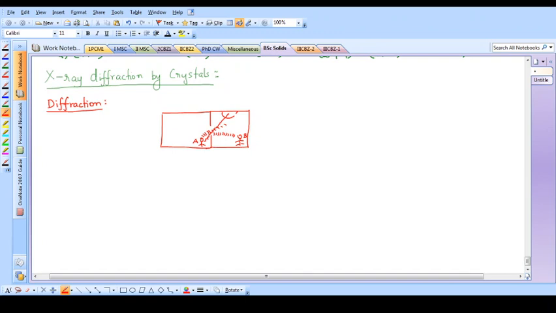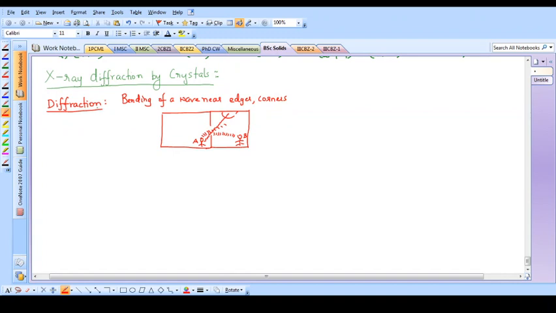So this phenomenon of bending of a wave near the edges or corners of an object is called diffraction. Now, immediately a doubt arises in our mind.